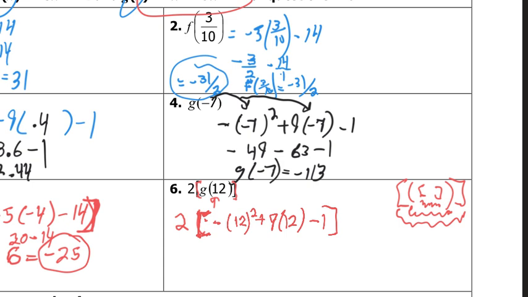So I've got 2 multiplied by that whole G with a 12 in it. We say 2 times G of 12. Now what is the G of 12? That's negative 144. 9 times 12 is 108, plus 108 minus 1. Okay? And then don't forget we got a 2 times that on the outside.